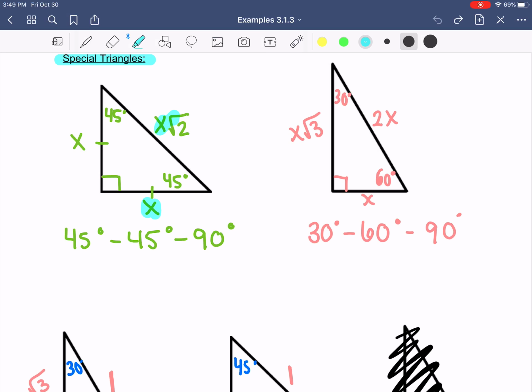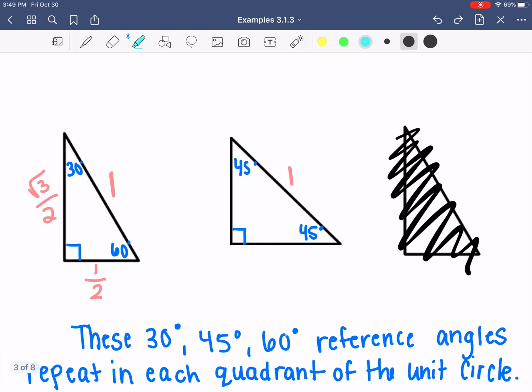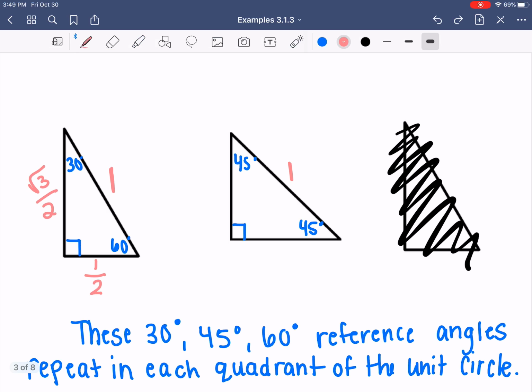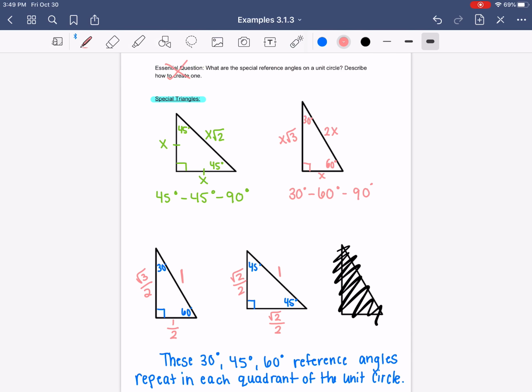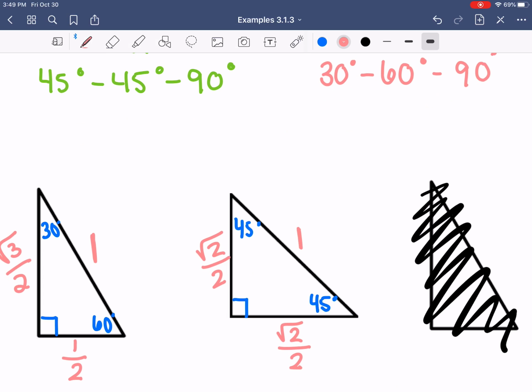To go backwards, we have to divide by radical 2. That means that this side is actually going to be the square root of 2 over 2, because if you divide 1 by radical 2, you can't have a radical 2 on the bottom. So 1 divided by radical 2 turns into square root of 2 over 2. All right, so what we need to know is these values right here.